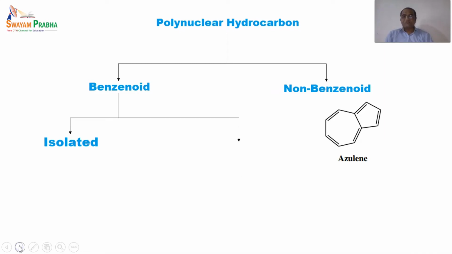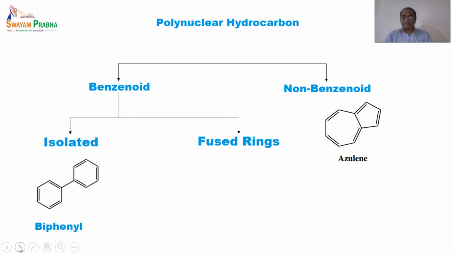After that, benzenoid has been classified into 2 parts, that is isolated and fused ring. So isolated means the benzene rings have been separated by some bonds, or having some moieties in between, like we have seen the structures of triphenylmethane and diphenylmethane.